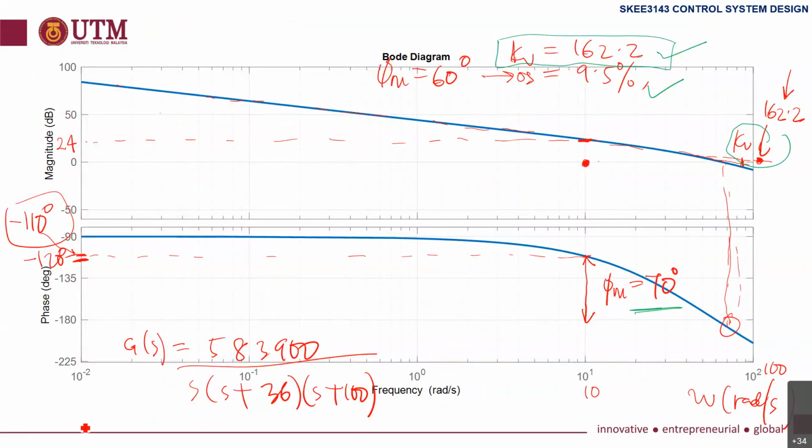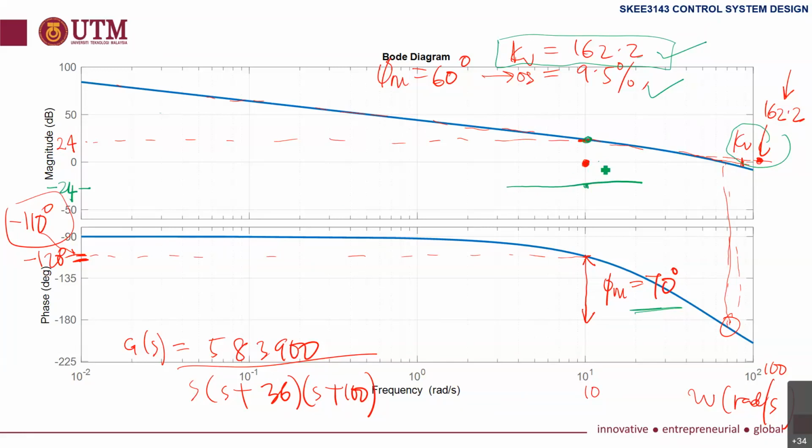It can be done by adding a lead compensator with the magnitude here of minus 24 dB, so that 24 plus minus 24 becomes 0 dB. That is the first part of the lead compensator.